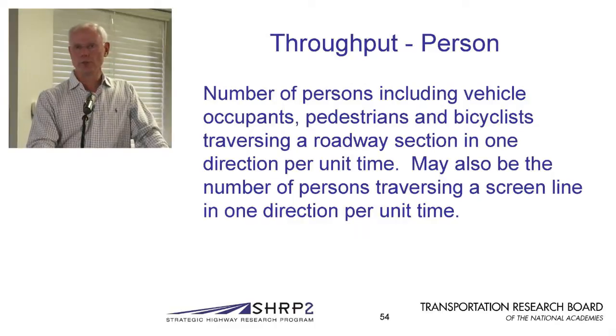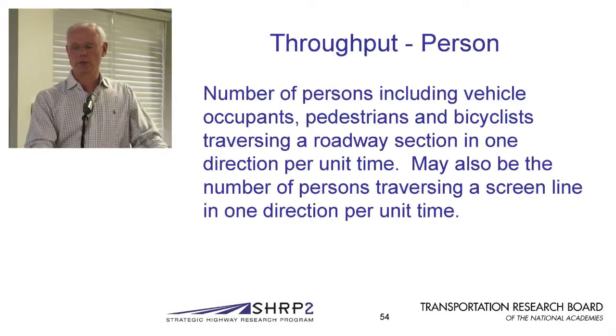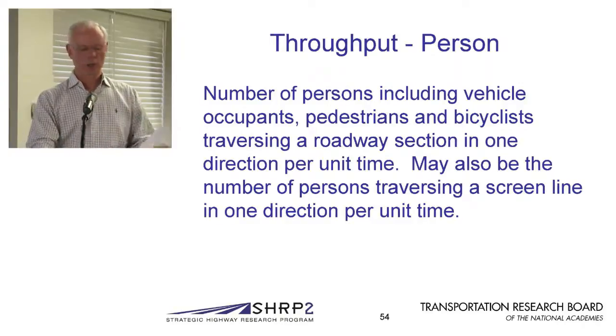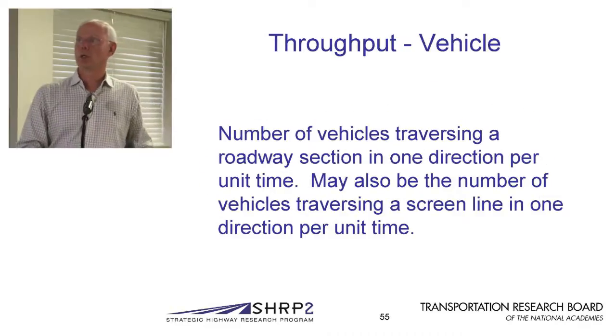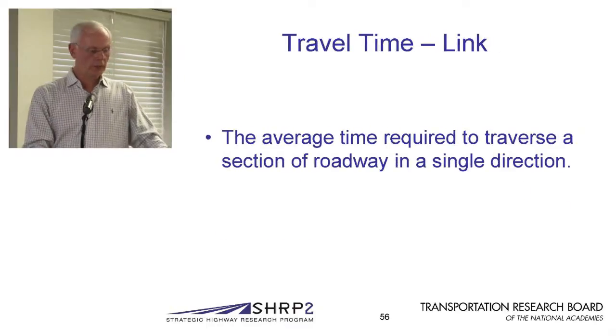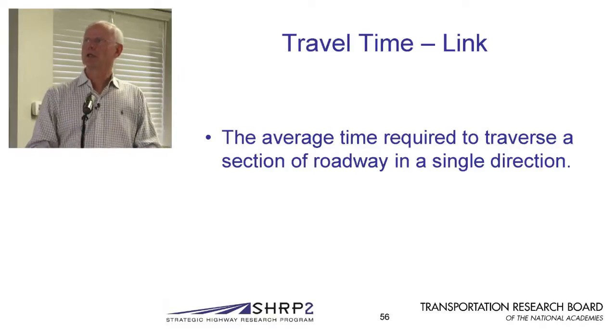Probably most of the people viewing this are going to be highway people. We don't necessarily automatically jump to thinking about the transit strategies, but having a performance measure that leads us to that is important. Vehicle throughput, obviously important and very traditional. Travel time is important, but we're going to think about travel time in two different ways.